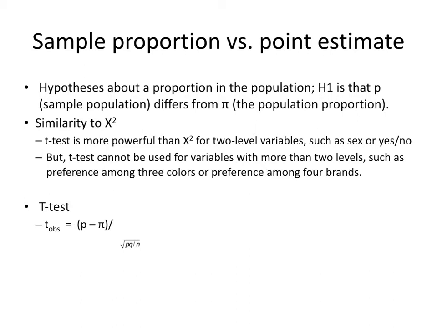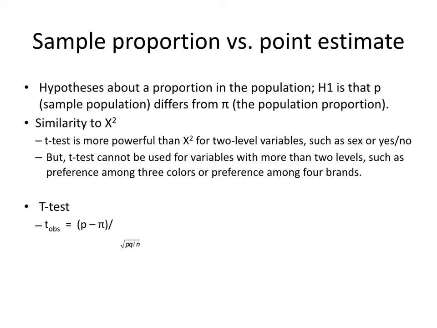And sometimes the hypotheses are stated that way. So the hypothesis would be about a proportion in the population, and H1 would be that P, the sample proportion, differs from pi, the population proportion. So it's similar to chi-squared, but it can be conducted with a t-test.